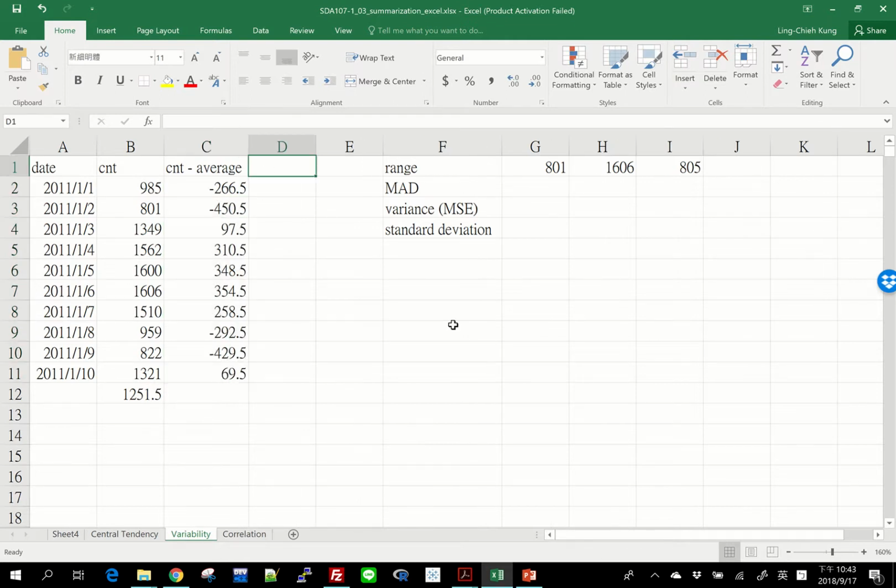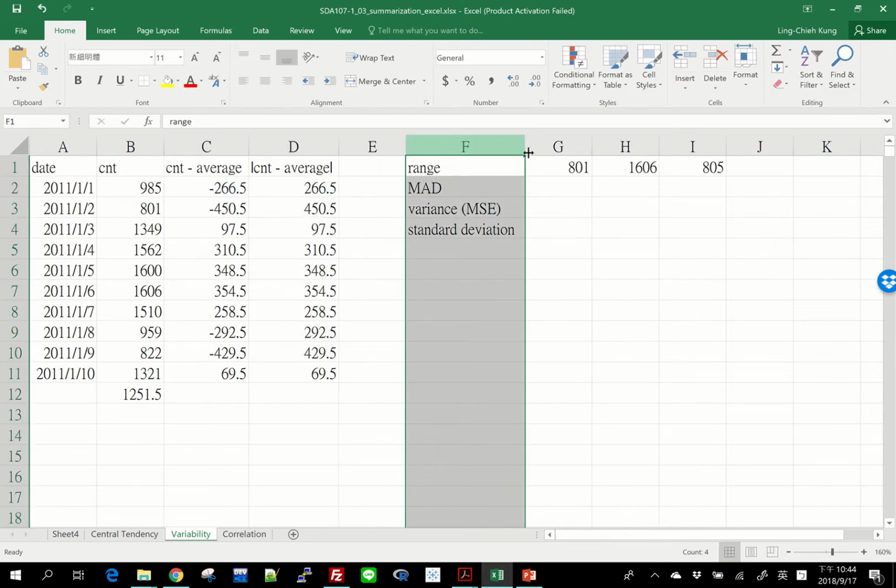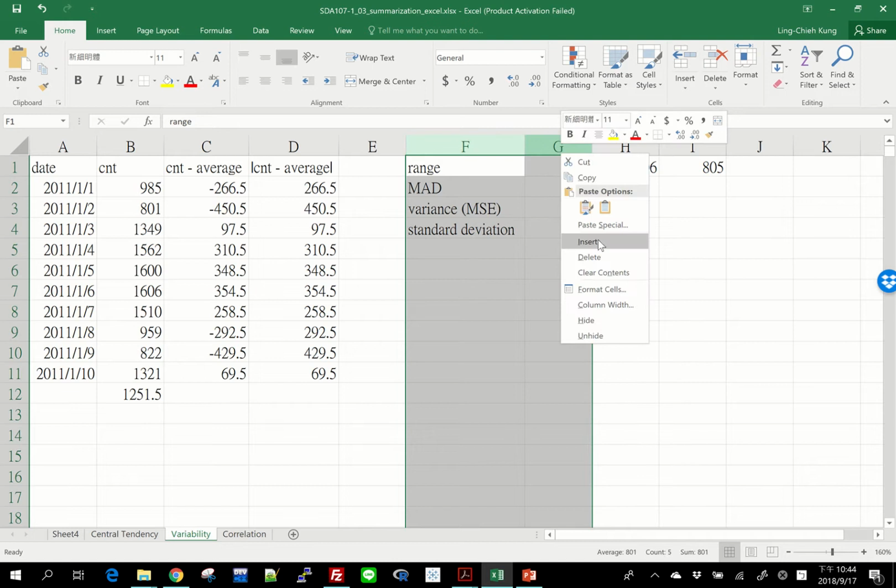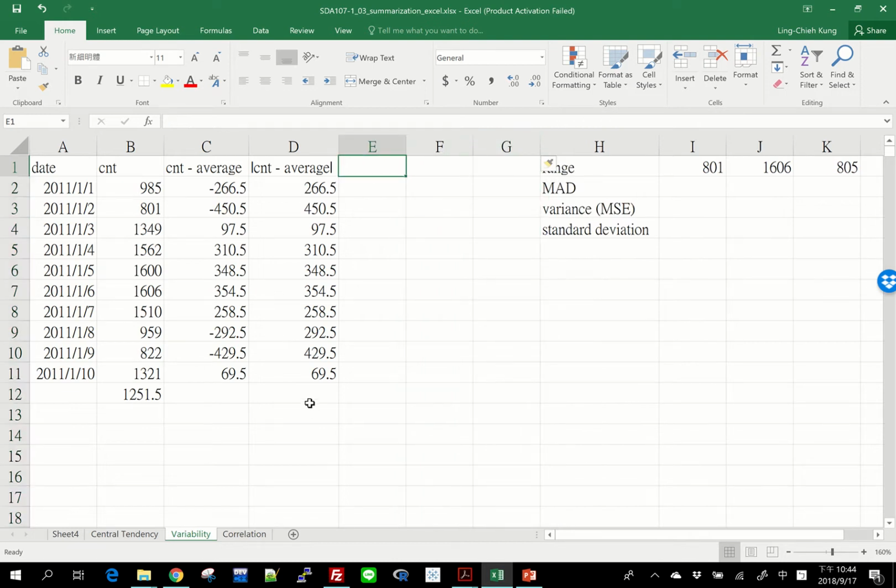And then what I should do is get their absolute values. I should take the absolute value for all these deviations. In Excel I can use the function called ABS, absolute values. So I have the absolute value for each one of them, and now they all become positive. Good. Now, the next thing is that I need to sum them up.